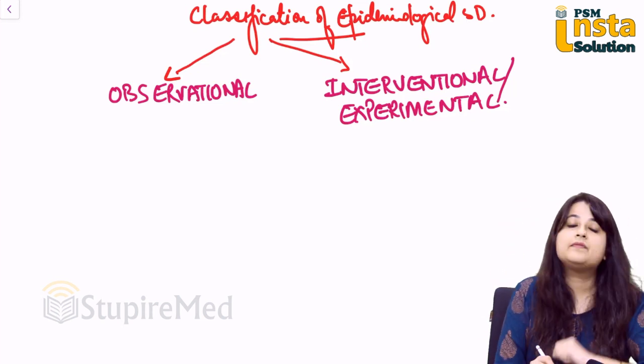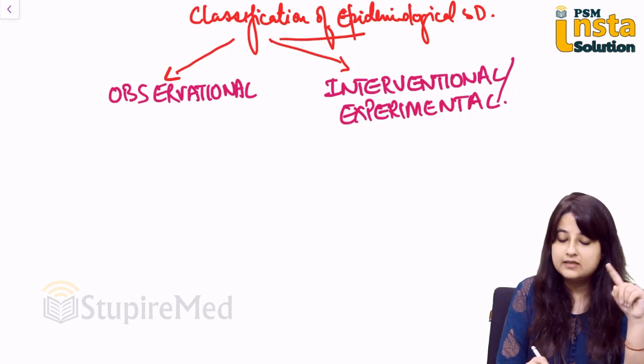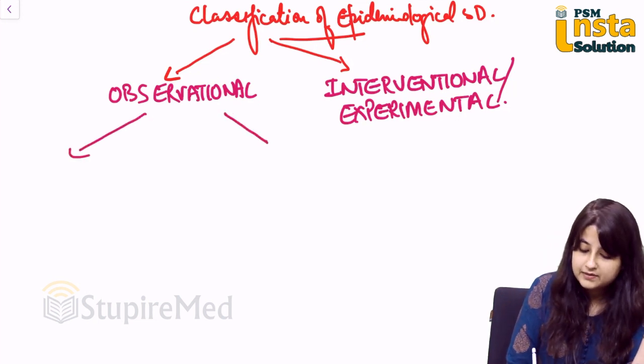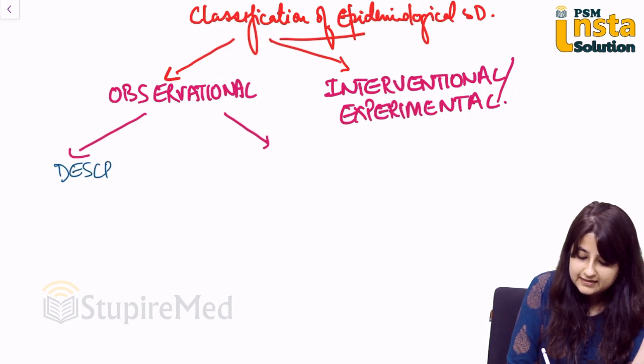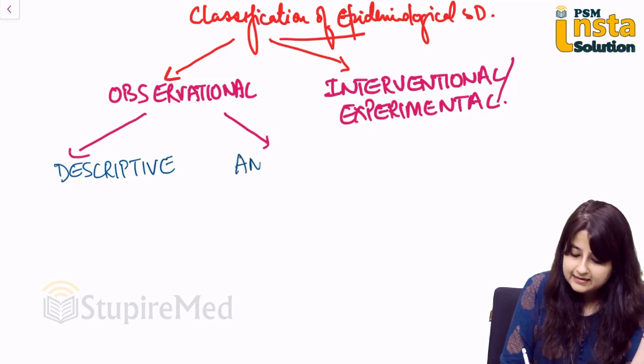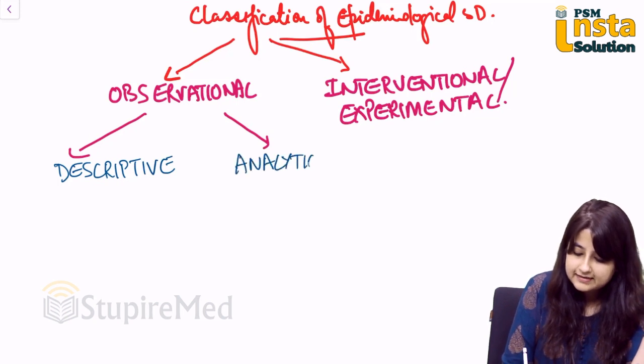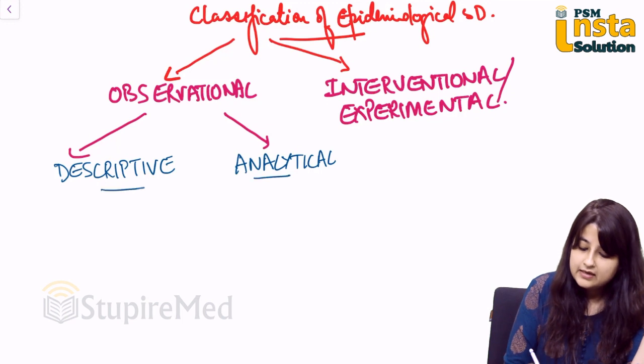Now, next important thing. Observational study design could be of two types. This could be descriptive study design, or it could be analytical study design. Students, is it clear to you?